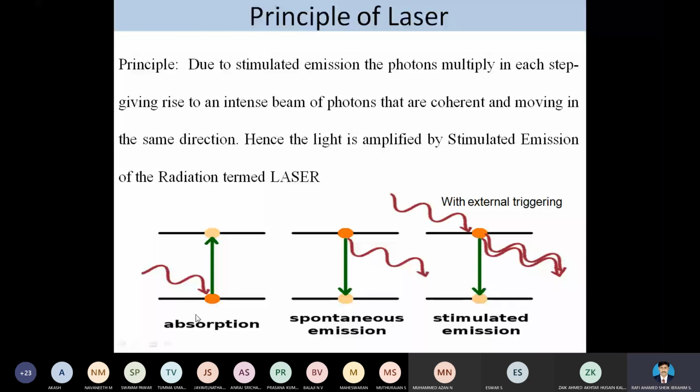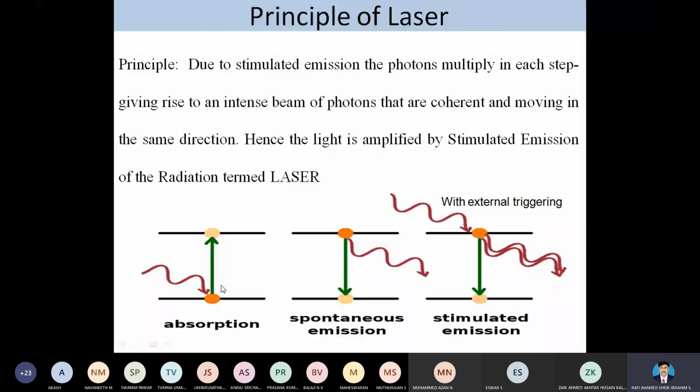So if someone asks you, sometimes I may ask you, now also I can ask you, define absorption. You have to say that it is defined as the atom in the ground state. We have to first consider the initial state. The atom in the ground state gains the energy.